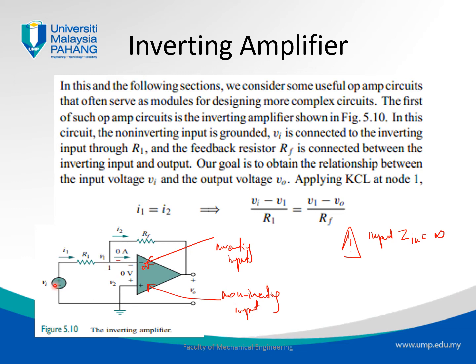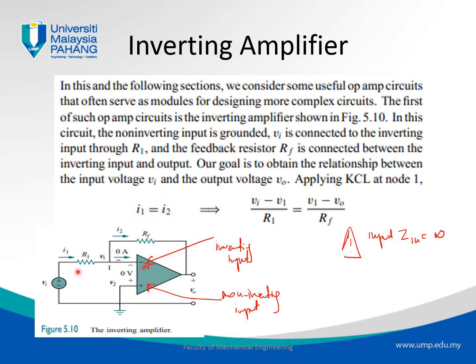All the current I1 that comes from the input voltage will become I2 that goes into RF. As we don't know what I1 and I2 are, we will look into these parameters.